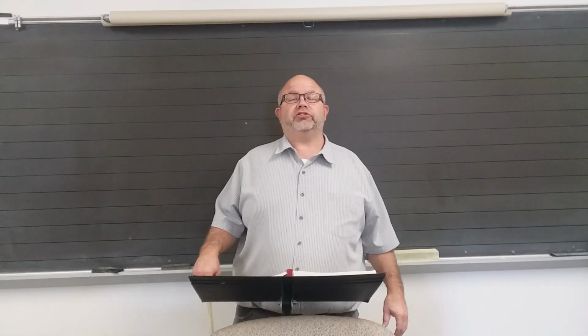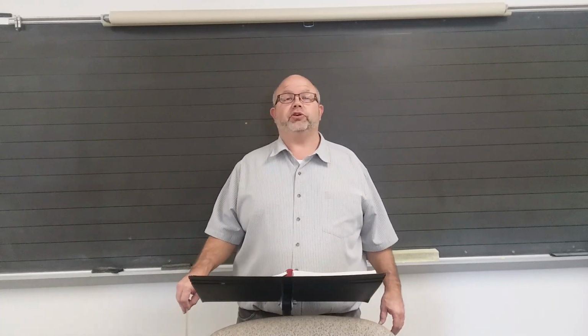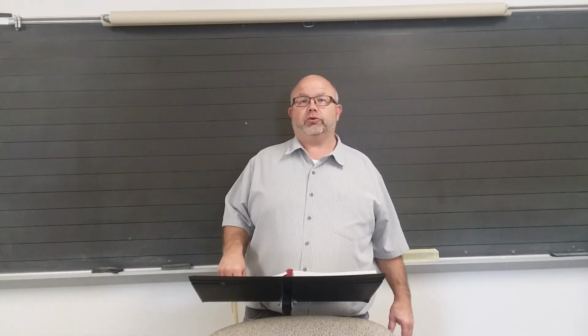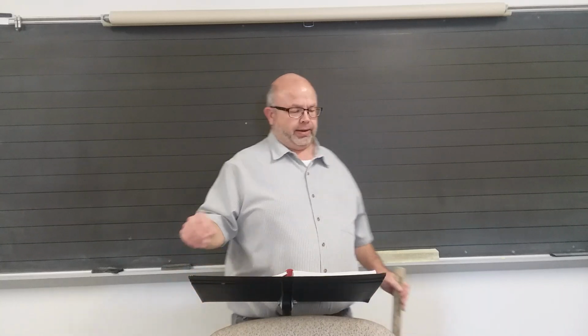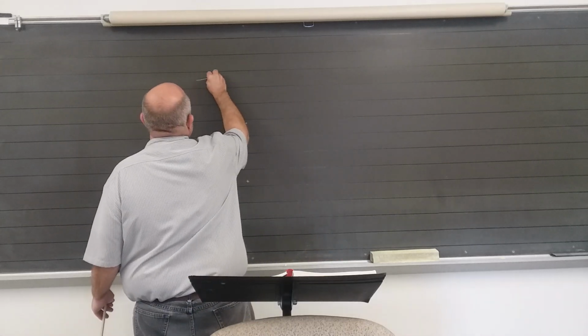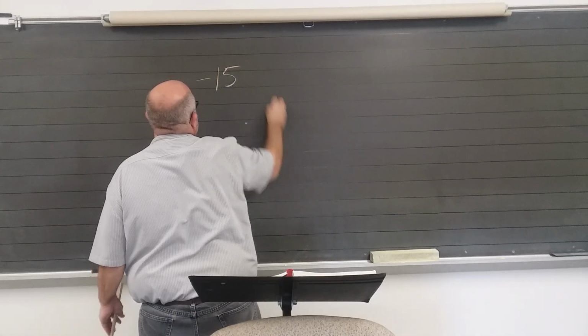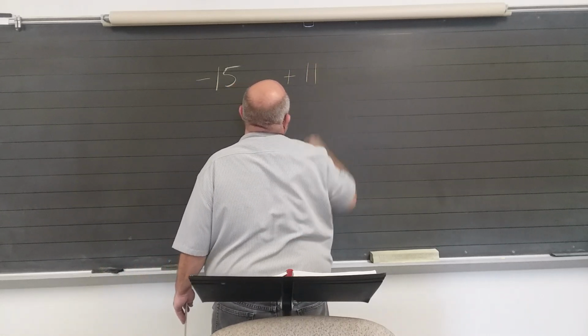On lesson 136, we talked about absolute value. So if you have your paper done for 136, you can check a few of these out. Absolute value is simply the value of a number without its sign. So you have negative 15 and positive 11.